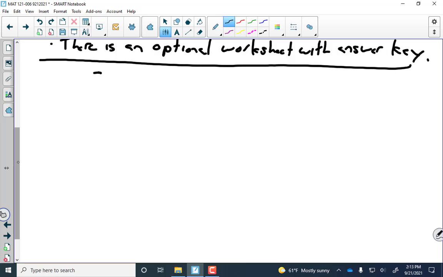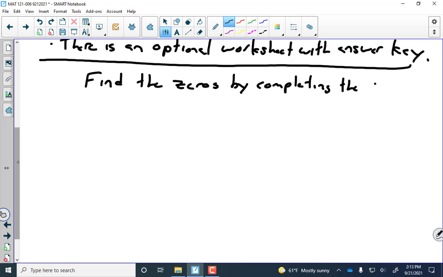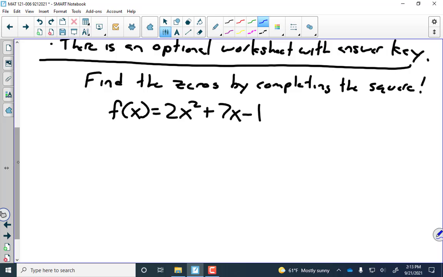All right. Find the zeros by completing the square. All right.